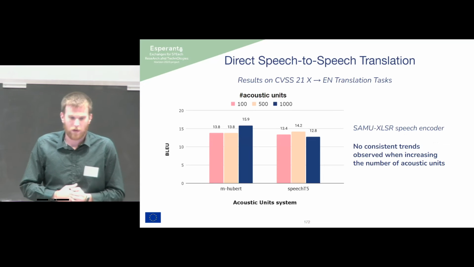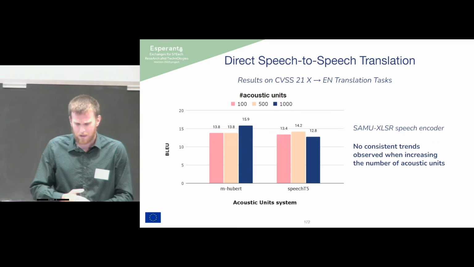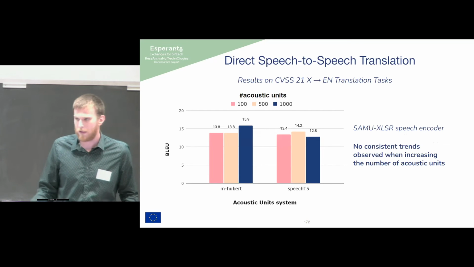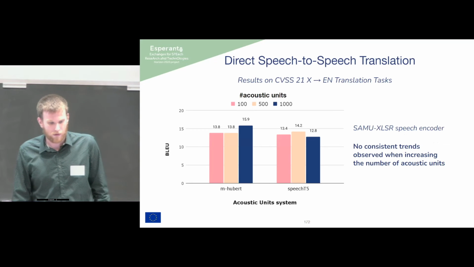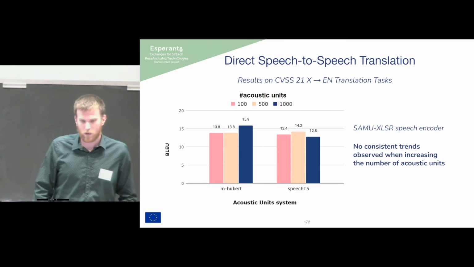So this is another experiment we ran on the speech-to-speech translation. In this experiment, we wanted to show the influence of the number of acoustic units. This is the number of clusters in the k-means quantization. We are experimenting with 100, 500, 1,000 units, using the SAMU-XLSR speech encoder only here, and for two different systems used to extract these acoustic units.